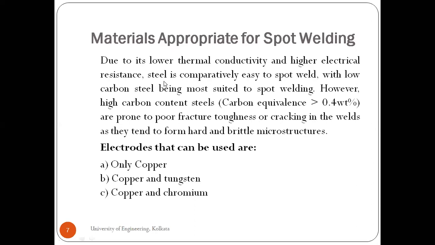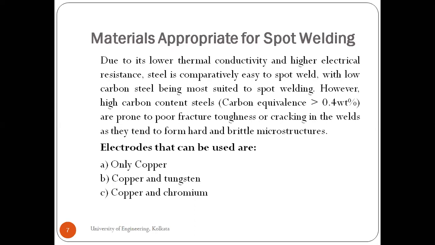Okay, so steel is comparatively easy to spot weld, with low carbon steel being most suited for spot welding. However, for high carbon steel, if the carbon equivalence is higher than 0.4% weight, you have studied the iron carbon equilibrium diagram.